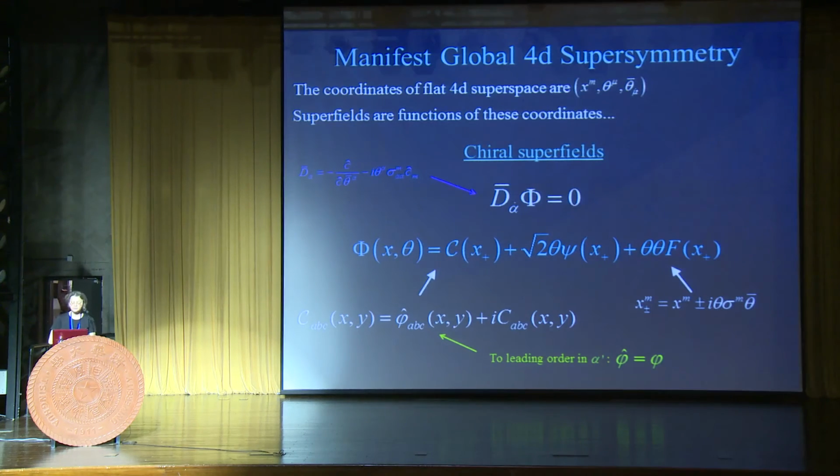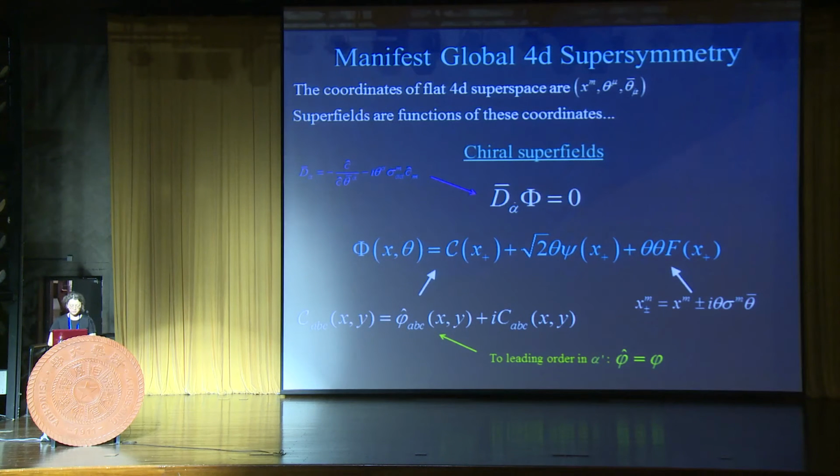Some of the simplest superfields we can consider are chiral superfields, that are defined just in the usual Wess-Bagger fashion. The only difference is now, for example, the bottom component here is a complex field, and we let this field depend on a continuous label y. So we treat it as if it's an infinite family of fields.